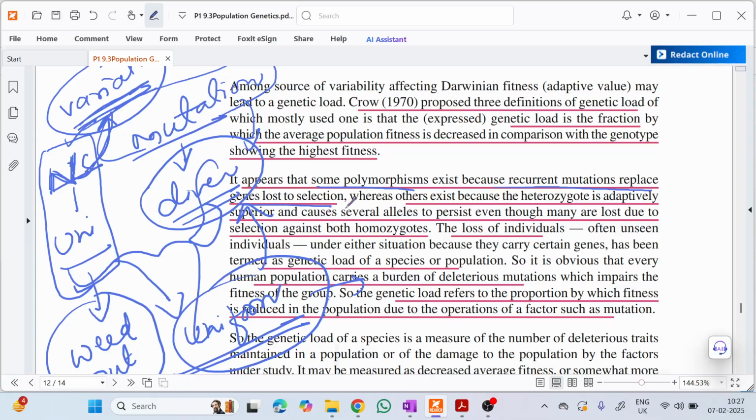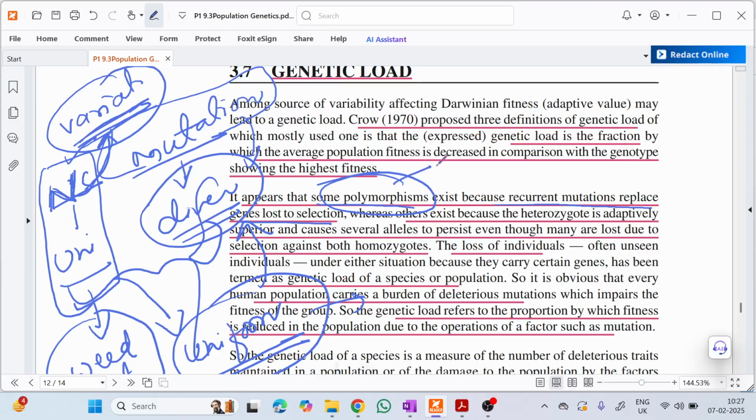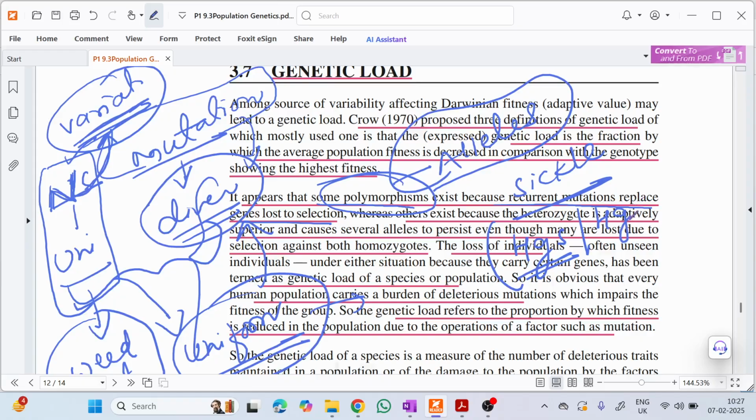So here in this paragraph, it is written that polymorphism, which means the presence of multiple forms or morphs, in simple terms means multiple forms of alleles. One example is sickle cell anemia, in which there is the dominant heterozygous for spherical shape, and then there is another variation of sickle shape.